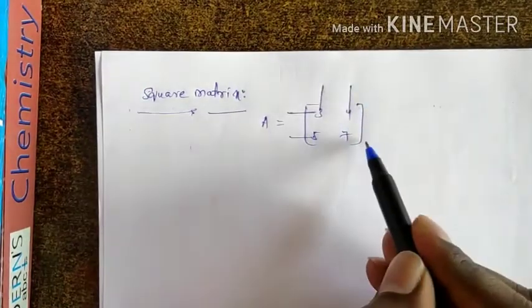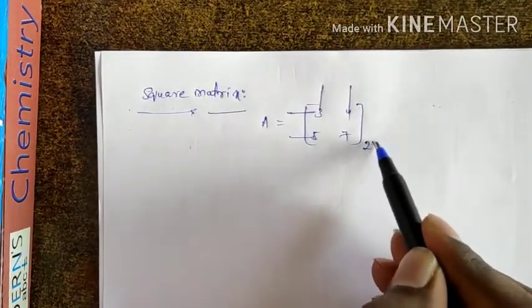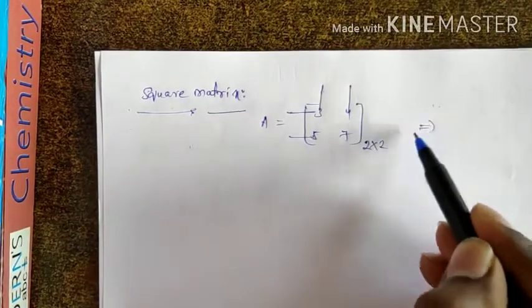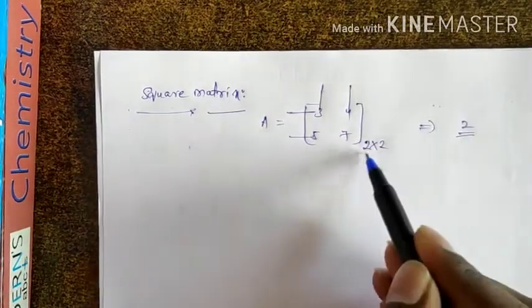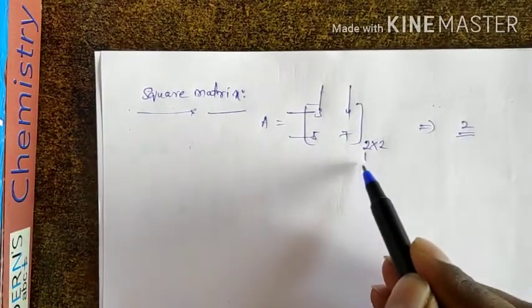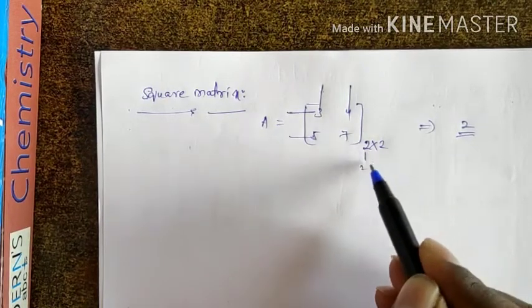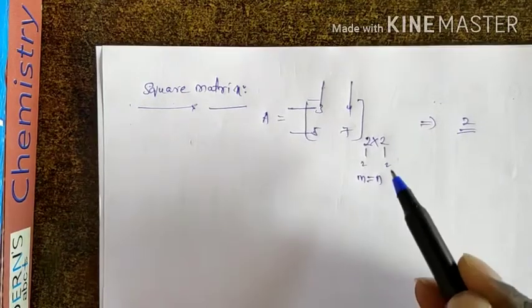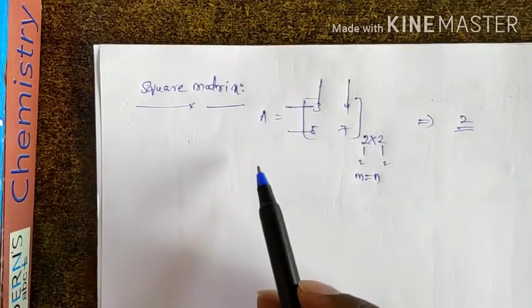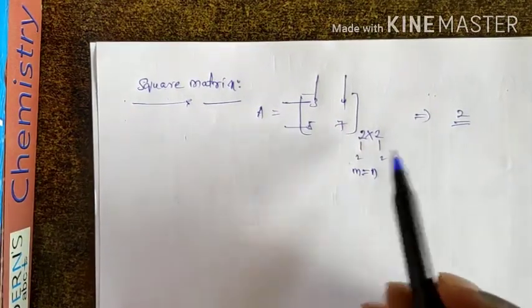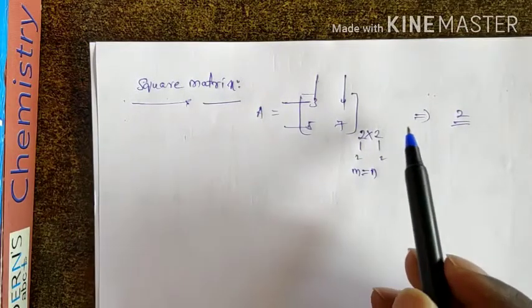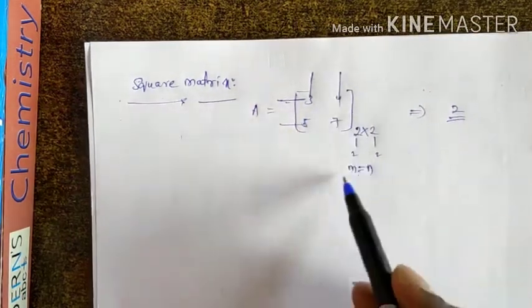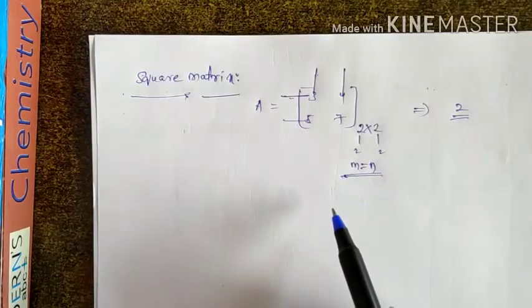So here the order of this matrix is 2 by 2. So here number of rows equals 2 and number of columns also 2. So here m is equal to n. So what is the definition of square matrix? A matrix is said to be a square matrix if it has the same number of rows and columns, right? So m is equal to n here.